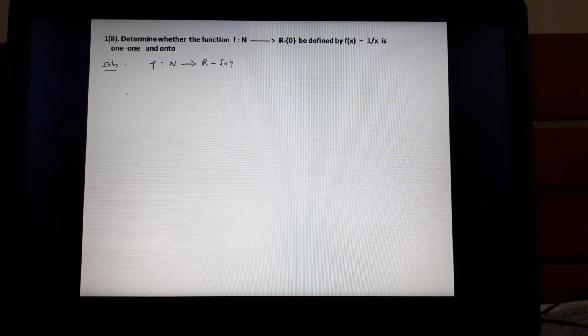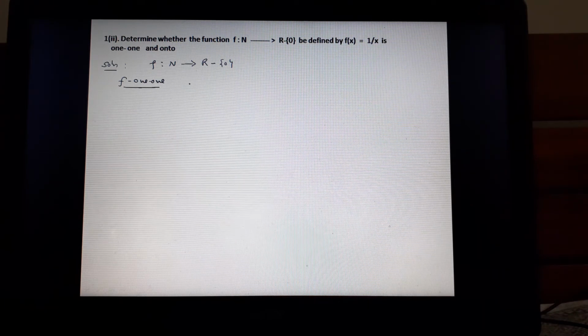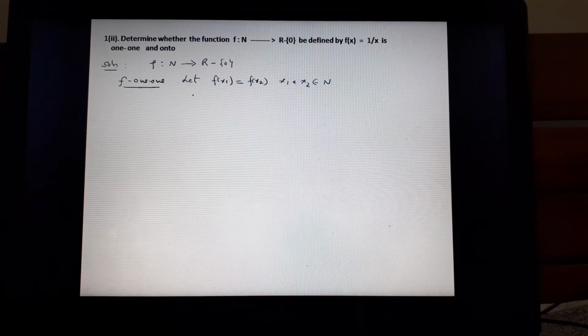So is it one-one? Let us check. We have to decide whether f is one-one or not. So let f of x1 equal to f of x2. But here now x1 and x2 are in N. Now this implies 1 by x1 equal to 1 by x2.